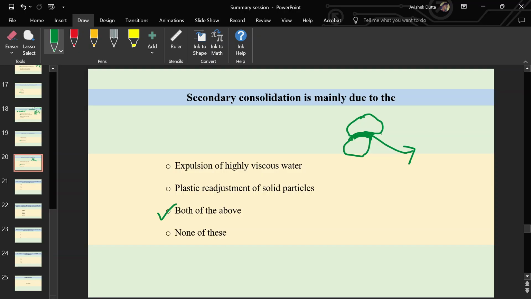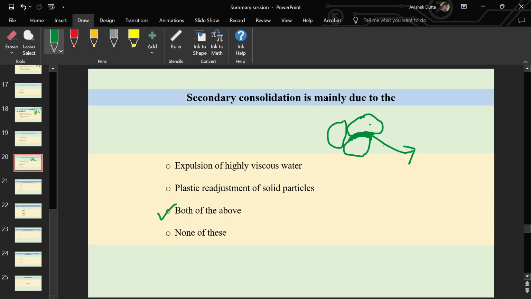Suppose here is a soil particle, here is a pore. The water moves out and then compression, but this is not the actual pore, this is the water attached to the surface. Now if it moves out, then these particles will rearrange themselves in a way that is plastic in nature, permanent in nature, there will be no going back.